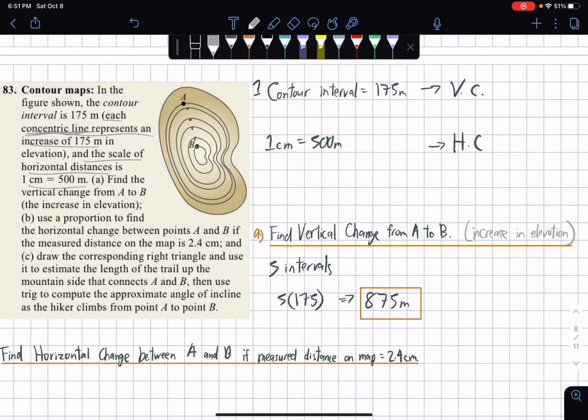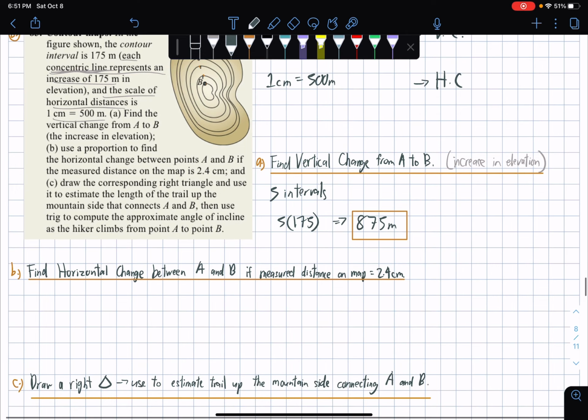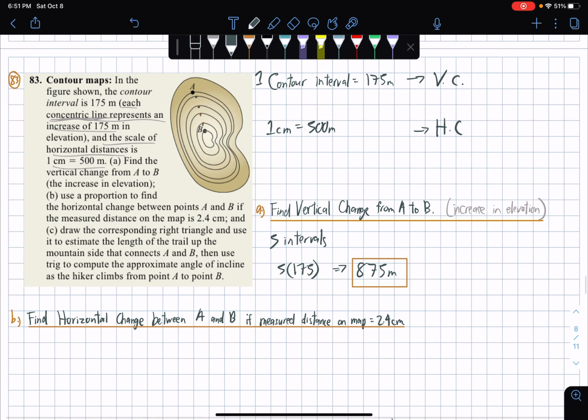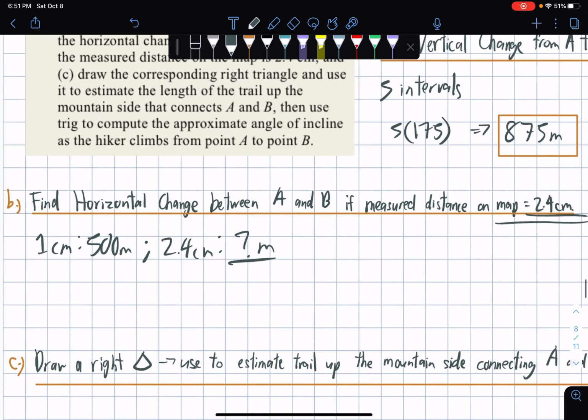Anyways, for the horizontal change, we have to find the horizontal change between A and B if the measured distance on the map is 2.4 centimeters. So we make use of this proportion that we noted earlier. If 1 centimeter is to 500 meters, then 2.4 centimeters is equal to how many meters? So that's what we're looking for.